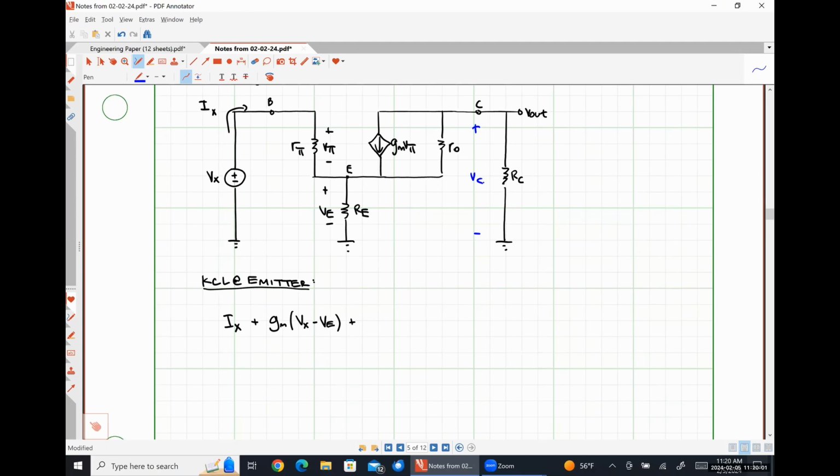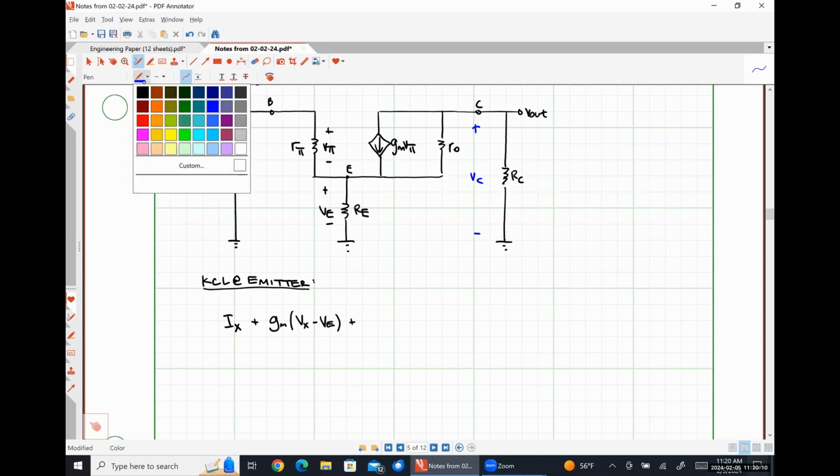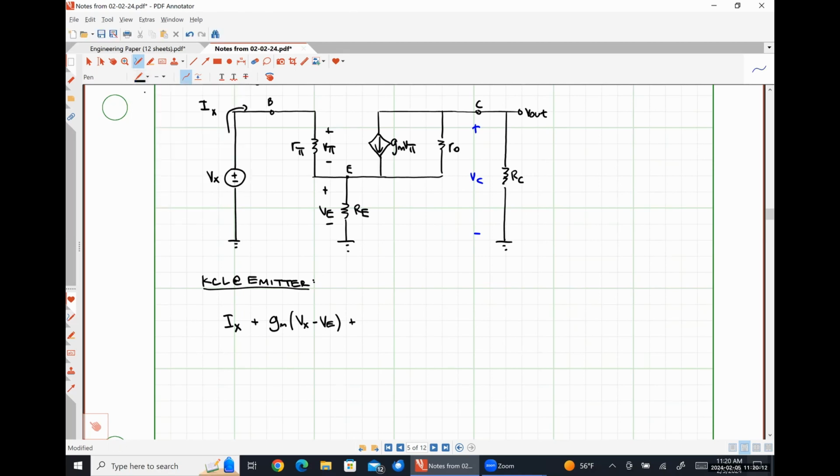Honestly, not sure why I made that decision 2 years ago when I made these, but I did it, and I don't want to screw things up or confuse you, so I'm just going to be consistent. So that's going to look like VC minus VE over R naught. And this will all equal VE over RE.